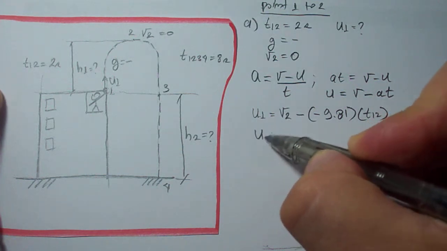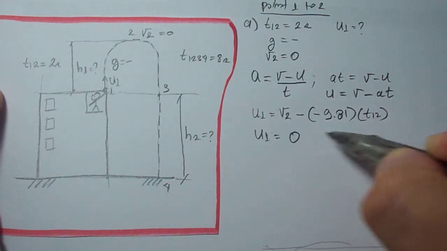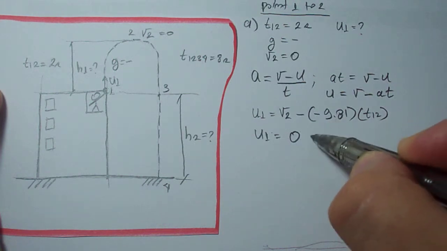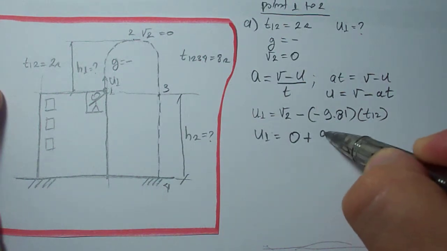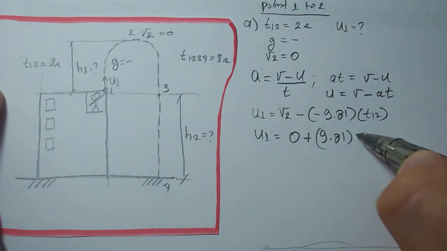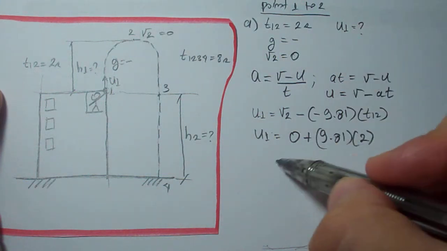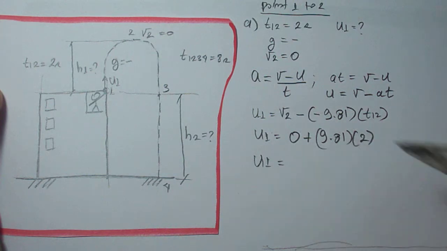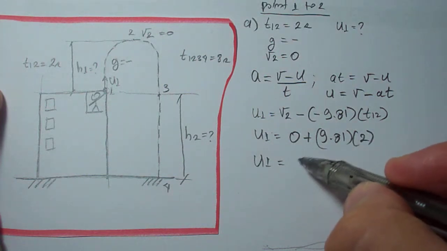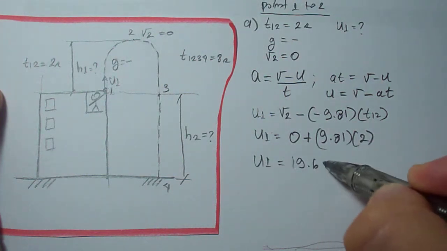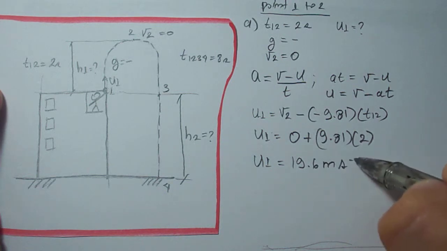Substituting, u1 will be equal to 0, minus and minus, you have positive 9.81 times you have 2 seconds as time from 1 to 2. Then you have here the initial velocity, which is equal to 19.6 meters per second.